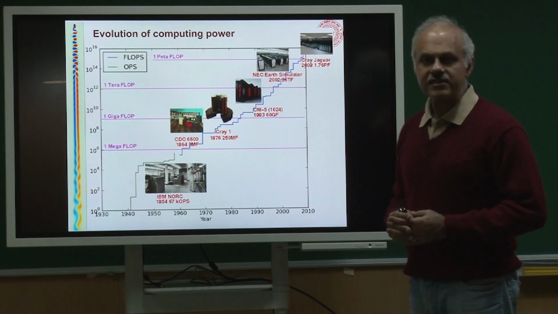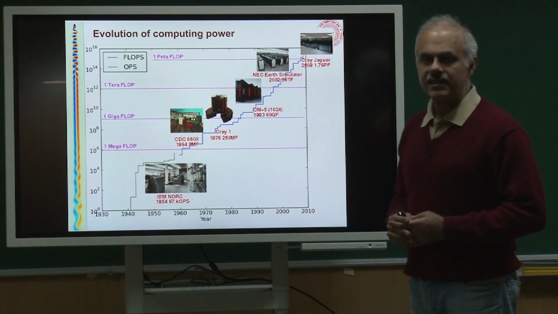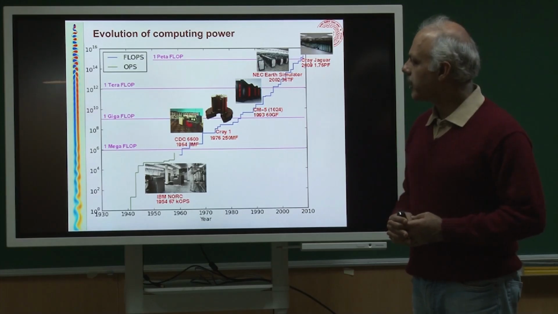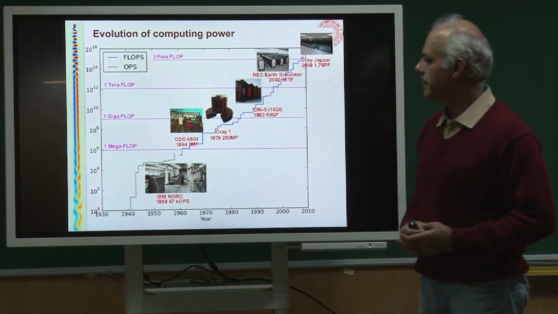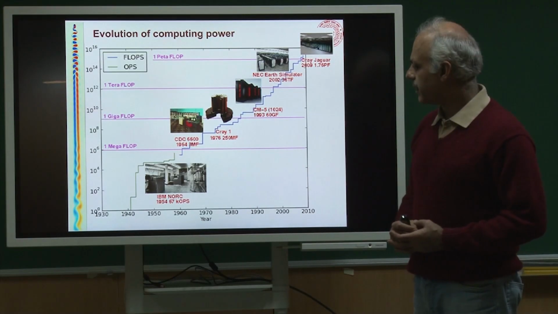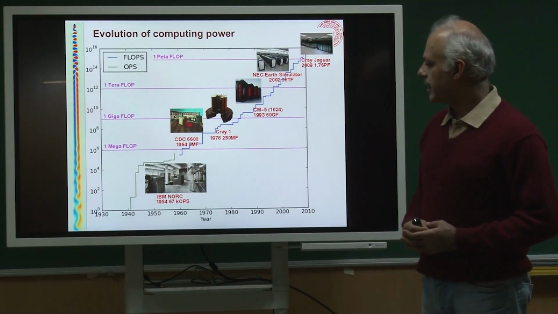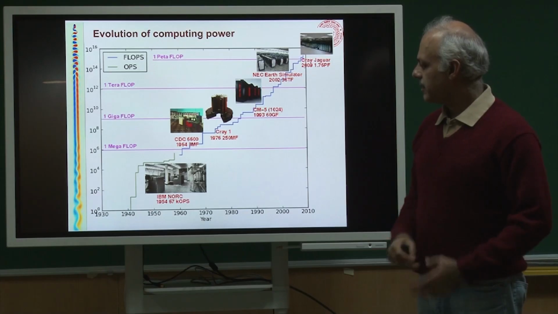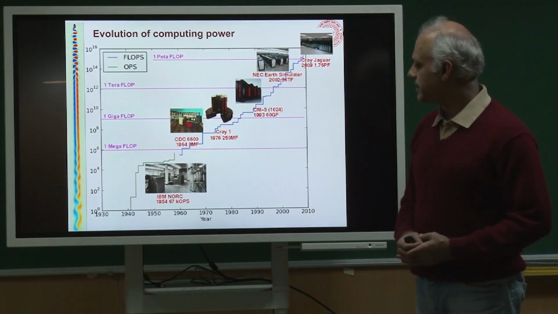So, one of the measures of the speed of a computer is the number of flops, floating point operations per second. Okay. The earliest computers that we are aware of, this is an IBM in 1954, would give you 67 kilo operations per second.